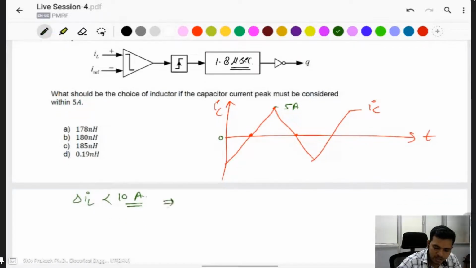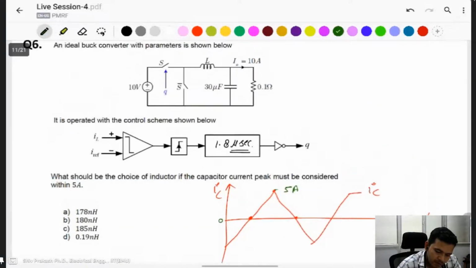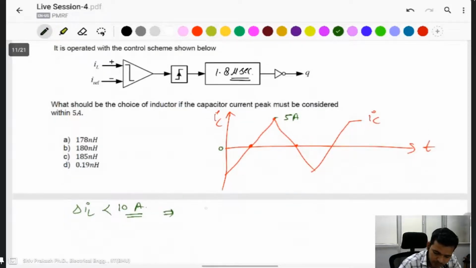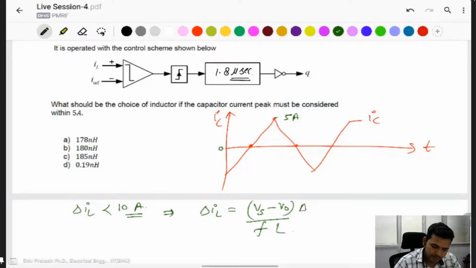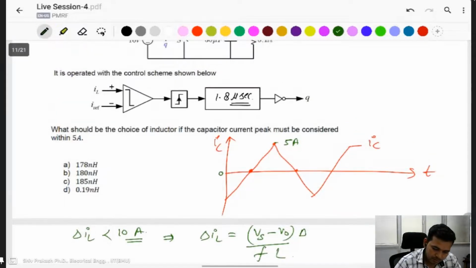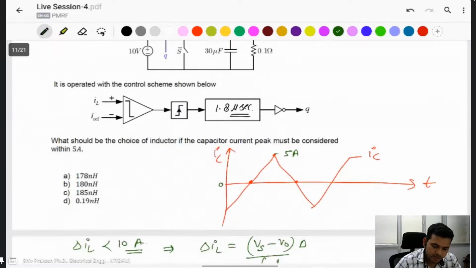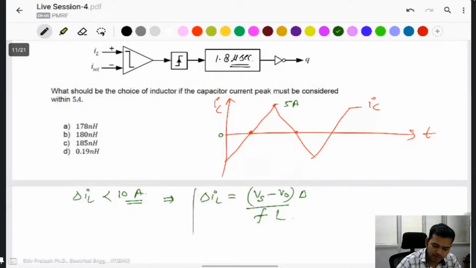And delta IL is for a buck boost converter. The frequency is also not given here, that's why you can't apply that type.